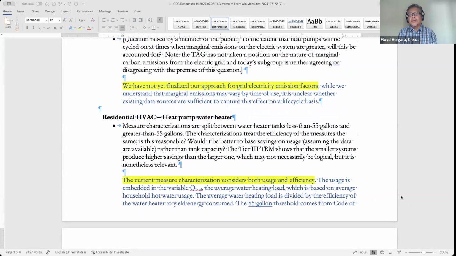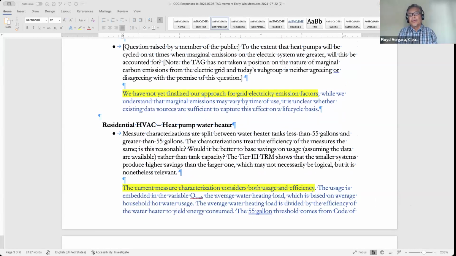Hey, Rick. Yeah. Real quick. I think this is a really important question, and I'm glad they're still mulling it. Just to analogize back to the California program, we do have a 24-hour time of use table of emission factors for the electricity grid, and that's for this very reason: the state decided they don't want to be encouraging high use of electricity during those times when the renewable part of the grid is at its lowest, right?